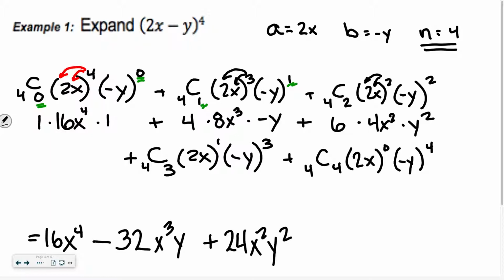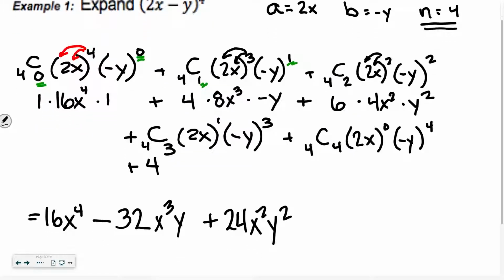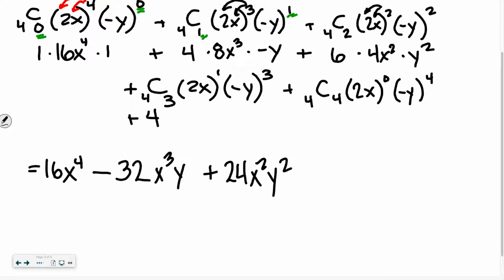Okay, moving right along. What about a combination of 4 choose 3? 4. If you know Pascal's triangle, I'm not going to be able to tell if you typed that into your calculator or you got it from Pascal's triangle. Either one is fine with me. In my later examples, it might be useful to know the combination. This is going to be plus 4 times 2x. What happens to negative y, negative y cubed?